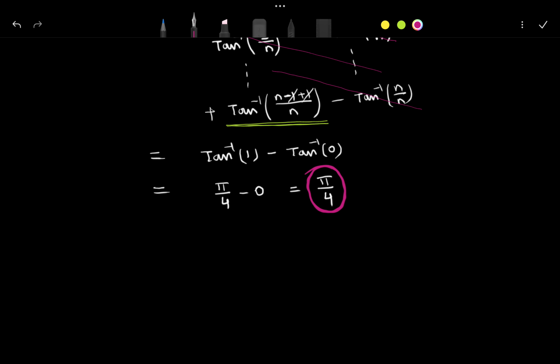So the sum of 100 terms, or 20 terms, or 1000 terms, or 500 terms, whatever, Sn equals pi by 4. Sn equals pi by 4 means the result is independent of n. Therefore S100 is also equal to pi by 4. I think everybody is clear on this concept. So this is the answer.